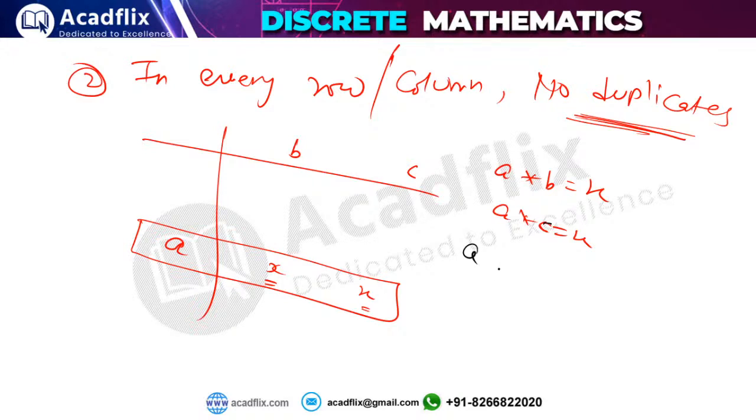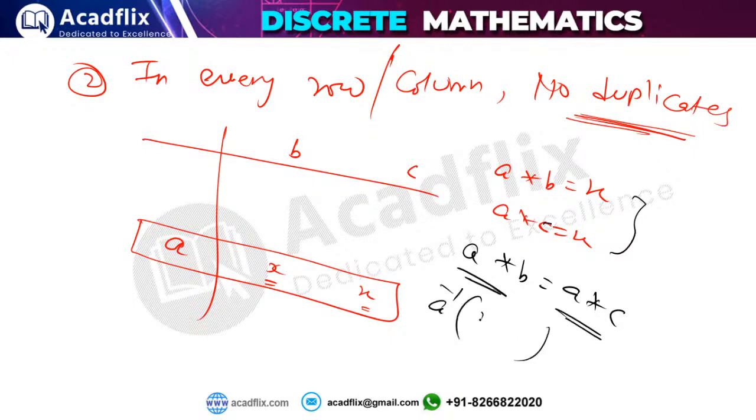Since A star B is equal to X and A star C is equal to X, you can say A star B is equal to A star C. Now just multiply by A inverse on both sides. Because the group is associative, this will be A inverse A. What is A inverse A?